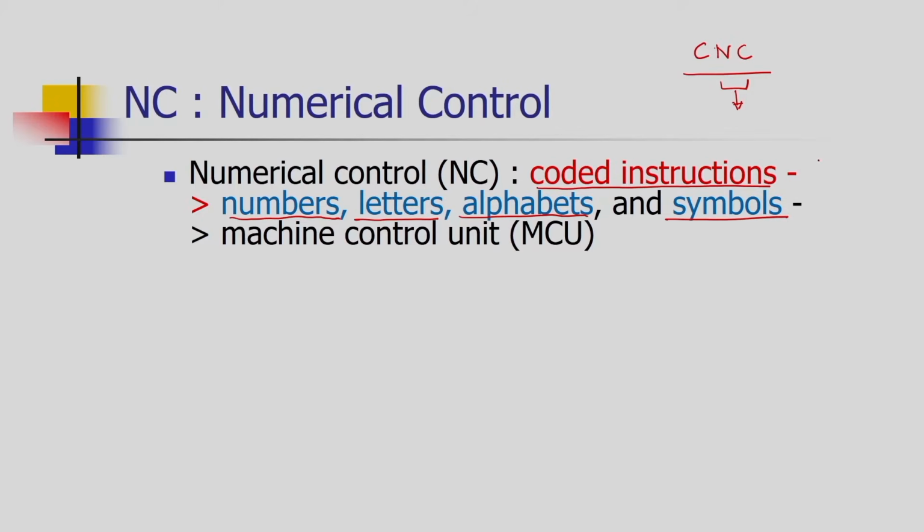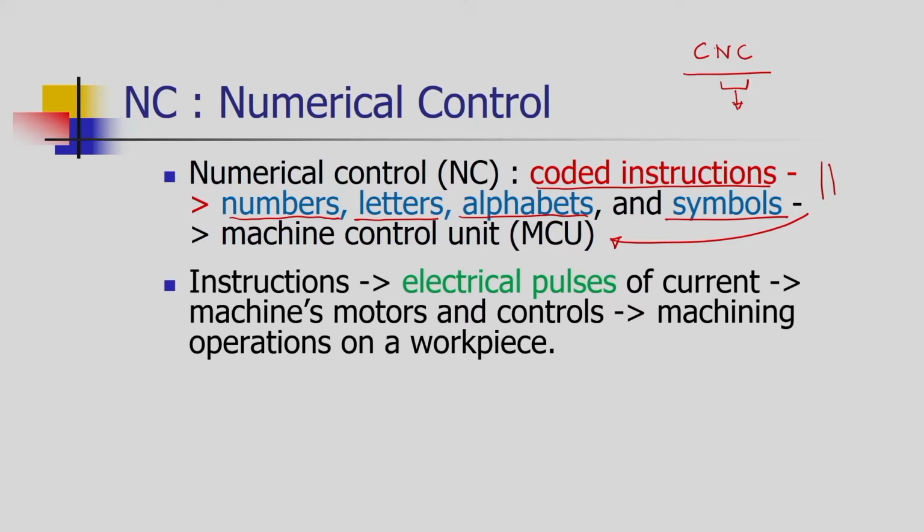These coded instructions will be fed to the machine control unit. Machine control unit is a part of the CNC machine tool. The machine control unit reads these instructions and follows them, and by following these instructions it generates electrical pulses.